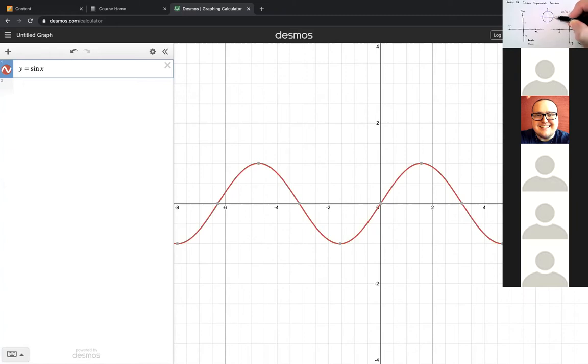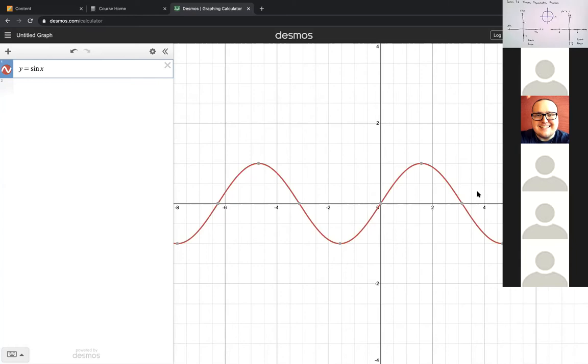So if you start over here at angle 0, you of course start at 0, and then you go all the way around the circle to 2 pi, and then that'll just keep on repeating. So every time you go around the circle, you go 2 pi, you'll repeat the pattern of sine. So this is clear from the graph. It's a repeating periodic function. It looks like a wave, right?